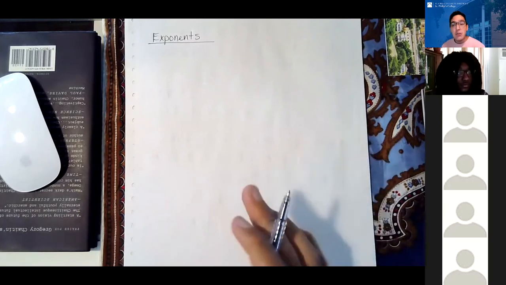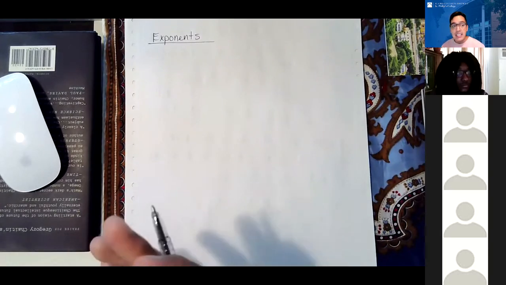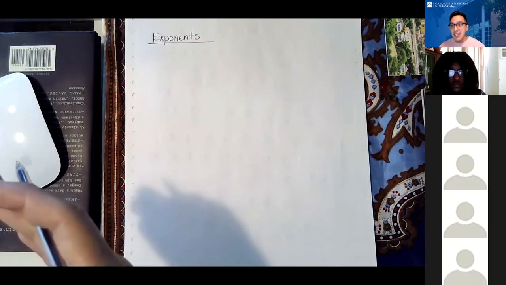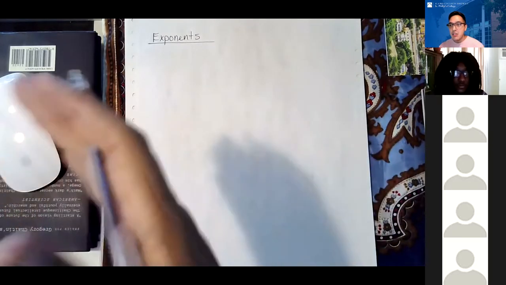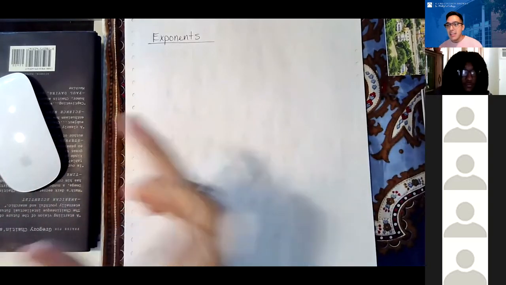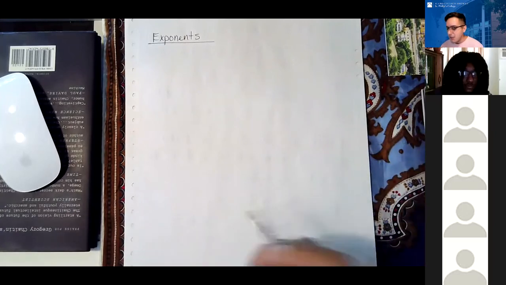So like in grade school, when you learned about addition and subtraction, those were sort of the basic operations that we learned as kids. And then you go on to multiplication and they teach you that multiplication is repeated addition, right? Like 2 times 3 is the same thing as 2 plus 2 plus 2. You have 3 copies of 2 and you can add them repeatedly. And that's multiplying, right?